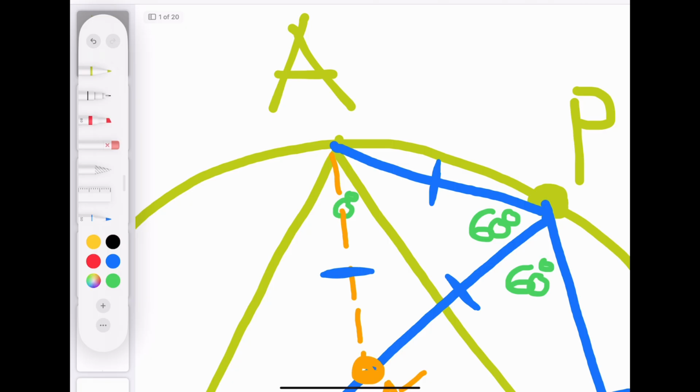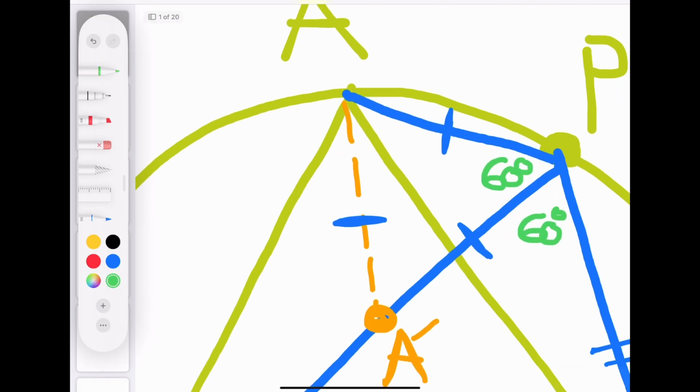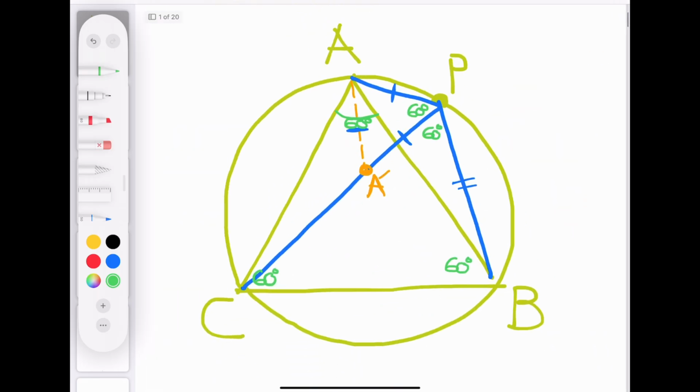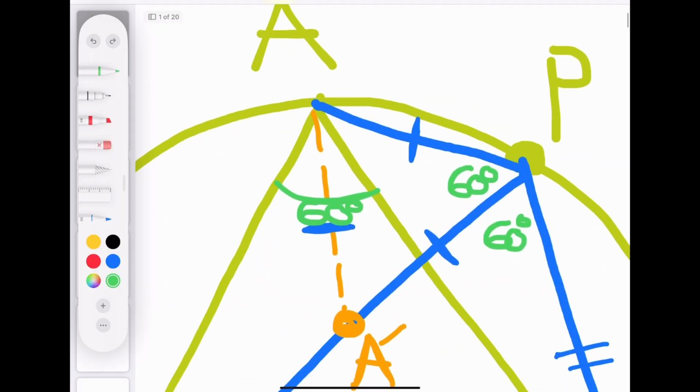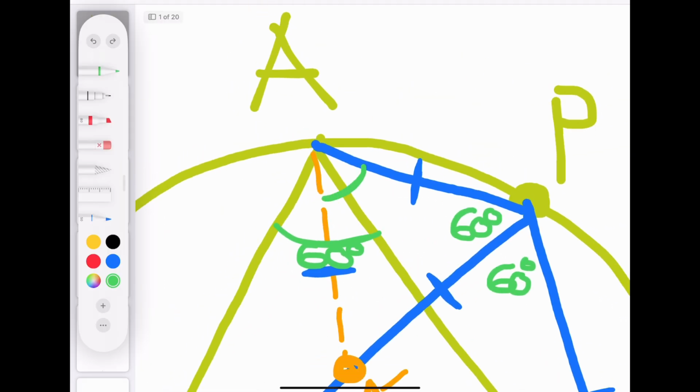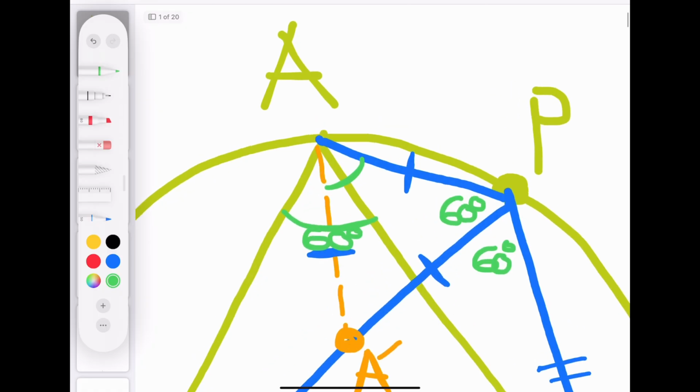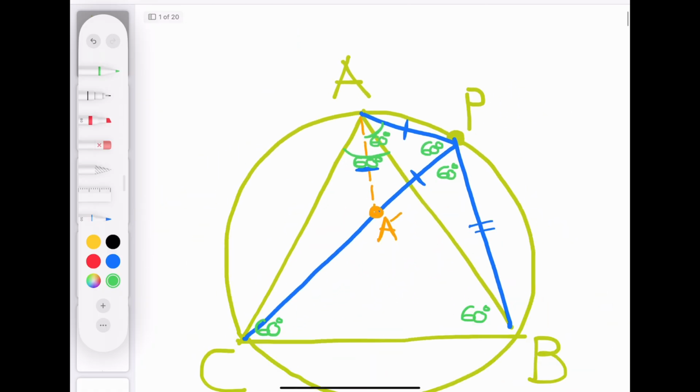So actually, let me just do this really quick. You know that angle ACB, sorry, this is going to be a little bit messy. You know that angle ACB is equal to 60 degrees because triangle ABC was equilateral, and because triangle PA prime is equilateral, you get that angle PA prime is also equal to 60 degrees, right?